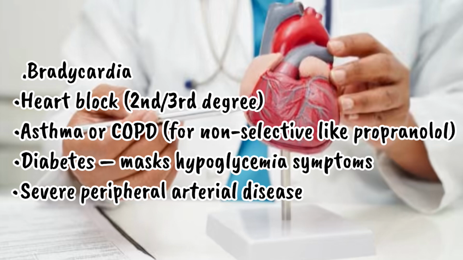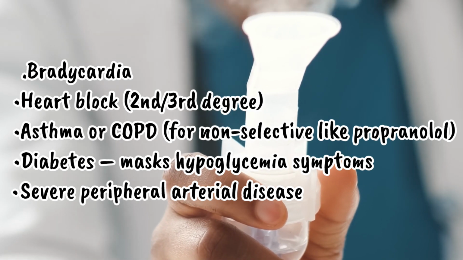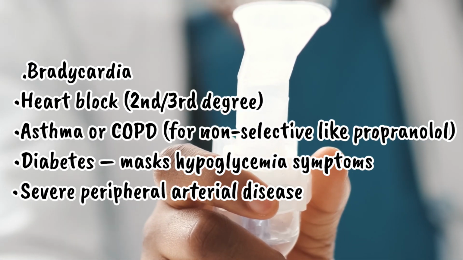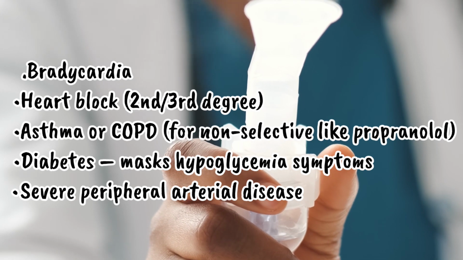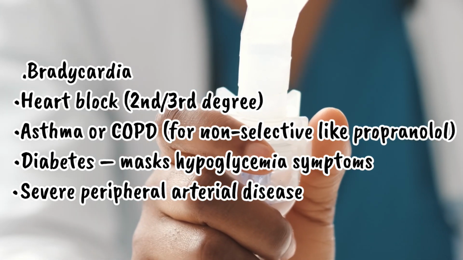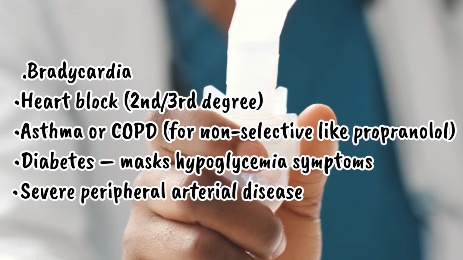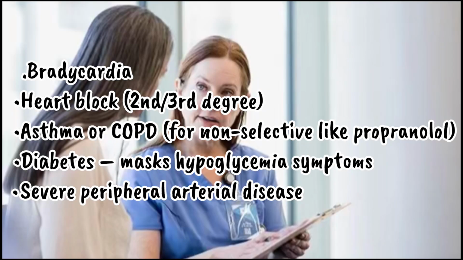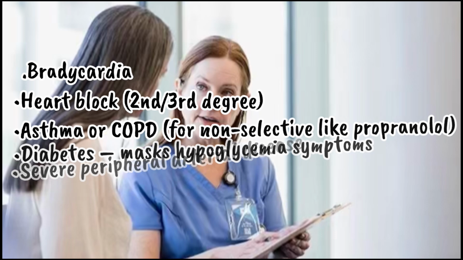Also in heart block, second and third degree, and in asthmatic and COPD patients, because beta blockers can lead to bronchospasm, like propranolol. Also in diabetic patients, because it masks hypoglycemia symptoms, and in severe peripheral arterial disease, we cannot give beta blockers.